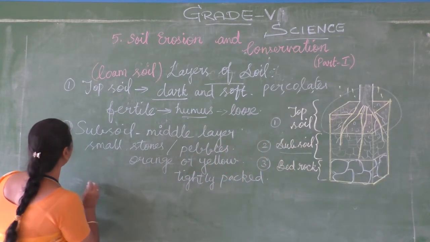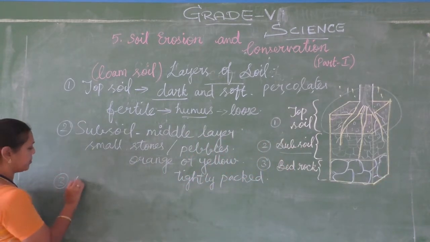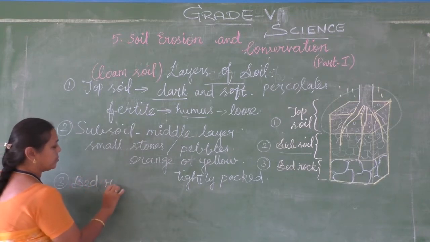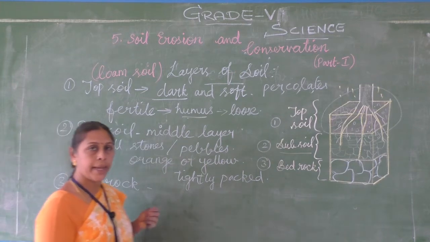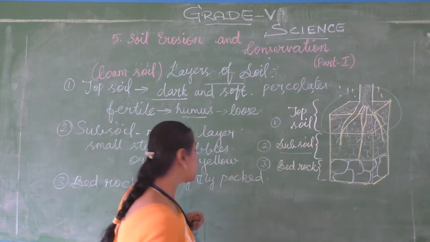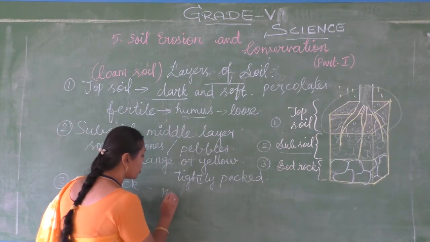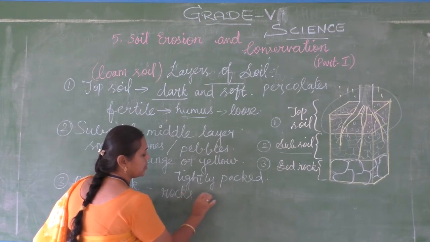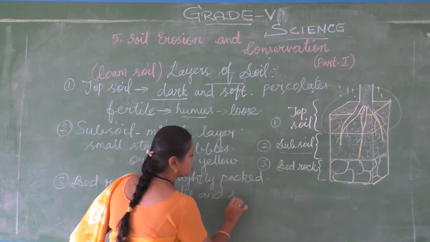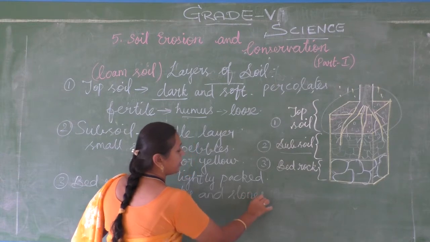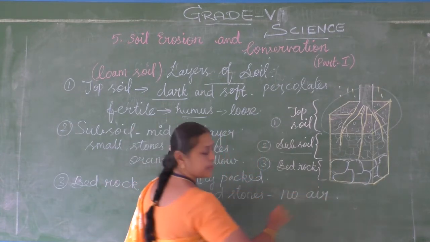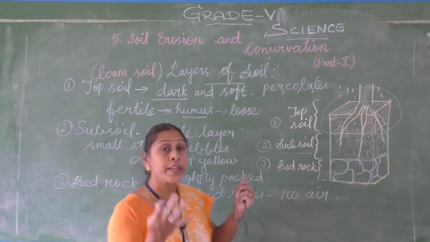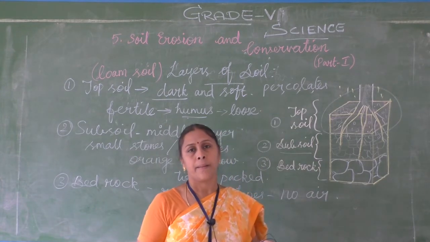And next one is the bedrock, the bottommost layer of the soil. Third one is the bedrock, the bottommost layer. This is made up of big rocks and stones, and no air is present, because there is no gap between the rocks.